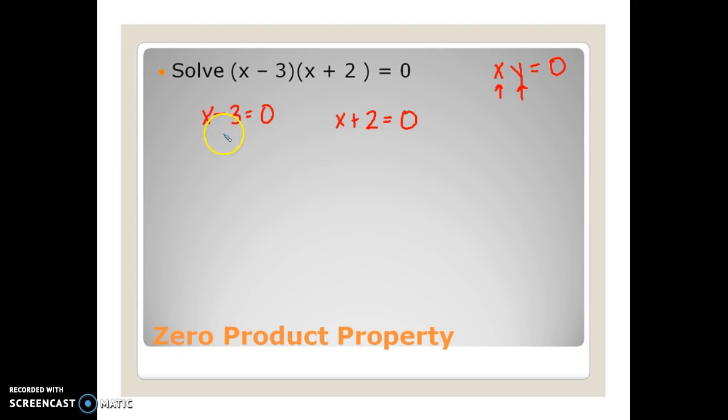So if x minus 3 equals 0, I'm going to add 3 to both sides, and so we get x equals 3. X plus 2 equals 0, I'm going to subtract 2 from both sides, so x equals negative 2. If I plug in 3, 3 minus 3 is 0, 0 times anything is 0. If I plug in negative 2, negative 2 plus 2 is 0, 0 times anything still gives me 0.